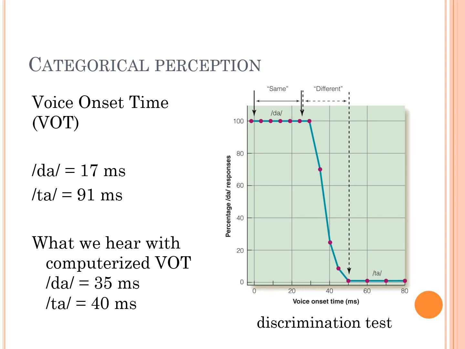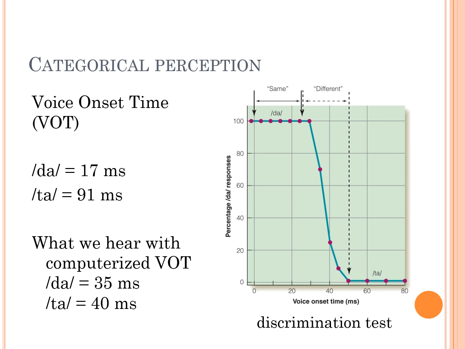If we go above, past that phonemic or phonetic boundary to get to ta, and I go, let's say, from 50 milliseconds to 75 milliseconds, they hear that as ta, and they say, okay, that sounds the same. There's a 25 millisecond difference between when that voice onset starts, and yet it sounds the same.